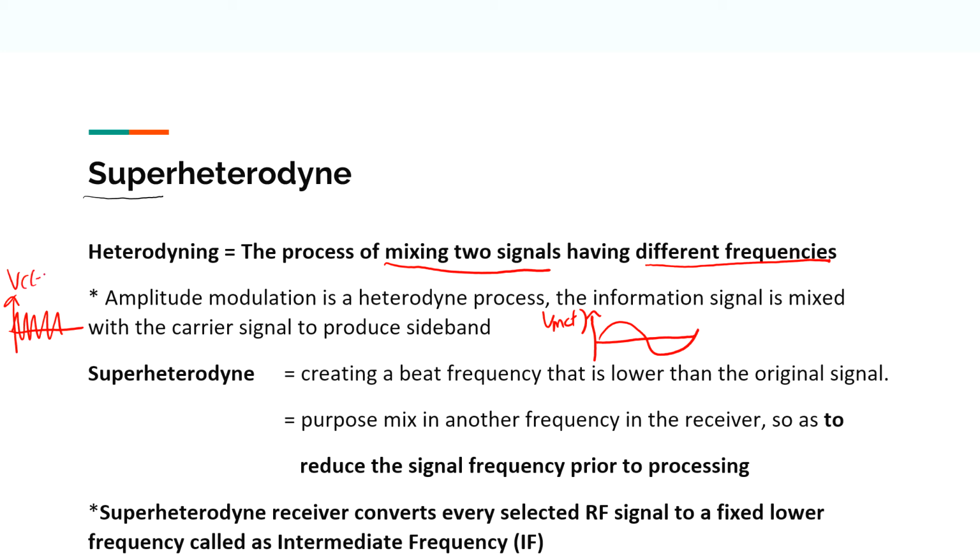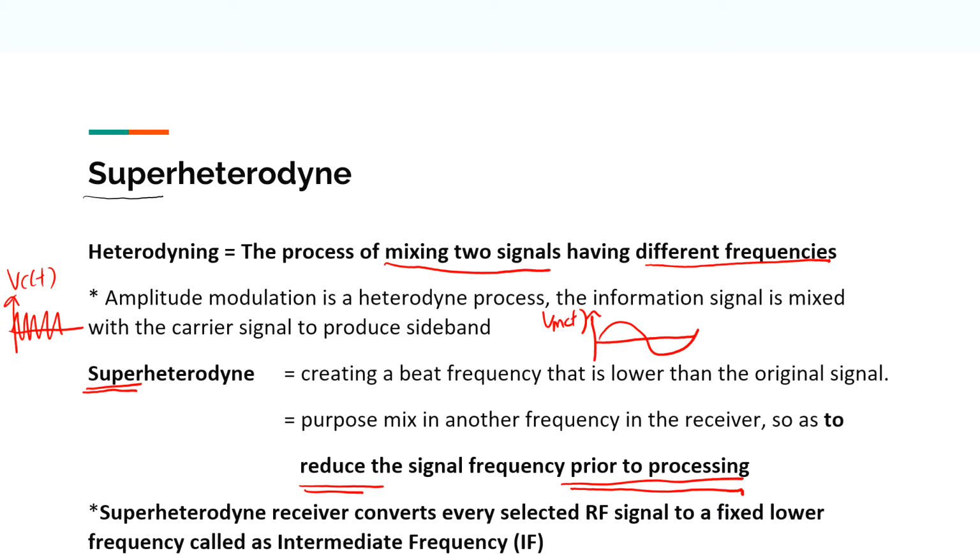But superheterodyne is the process of creating a beat frequency that is lower than the original signal. The purpose of the superheterodyne is to mix in another frequency in the receiver so as to reduce the signal frequency prior to processing. So before we process the signal, we want to reduce the signal frequency.